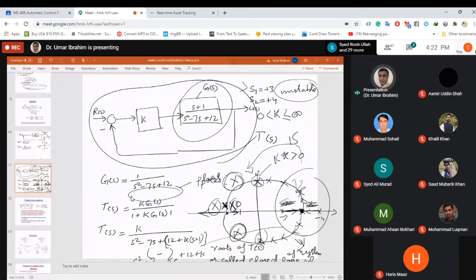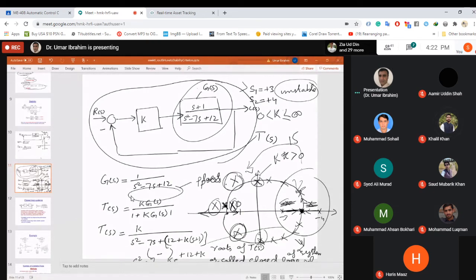Now, my question is, can you find the values of K for which the system is stable or unstable, without root locus, which is a separate topic? With what you have learned, can you find the value of K for which the system is stable or unstable?